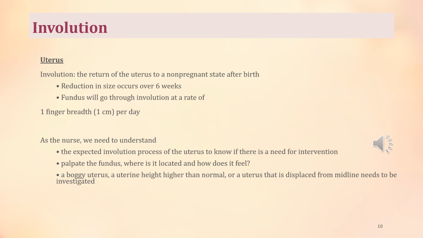But a boggy uterus, so that's when I'm getting ready to assess mom's uterus, and it should be a couple centimeters below her belly button, her umbilicus. But instead, it's much higher. When I start to rub it, it's not hard like a grapefruit. It's more squishy.